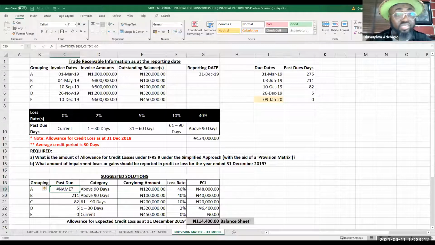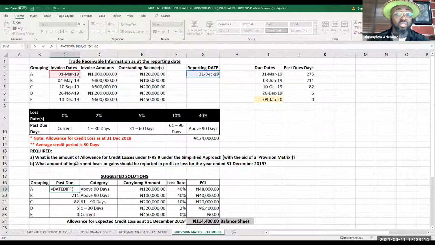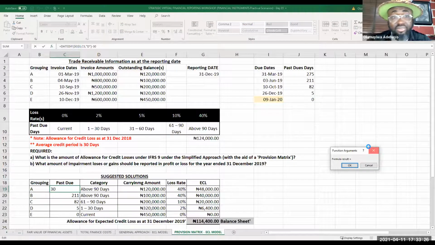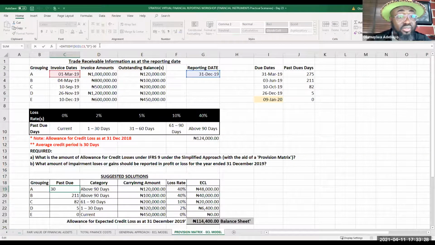No, I put double F, it's one F. Let me check what is wrong in the formula. I put the comma before the quote, I guess.